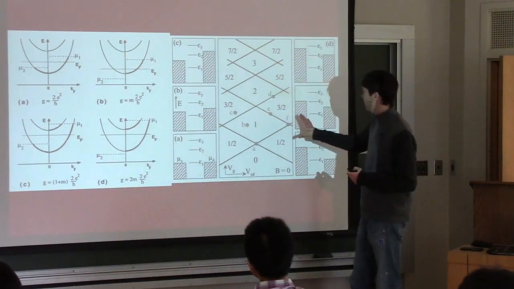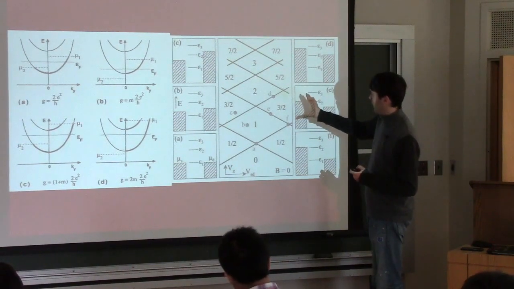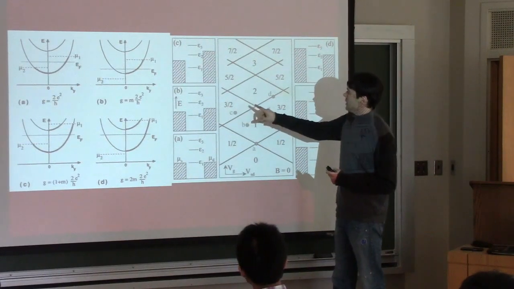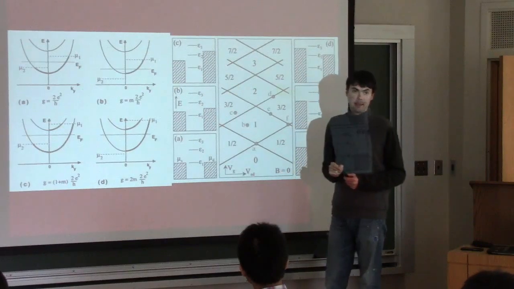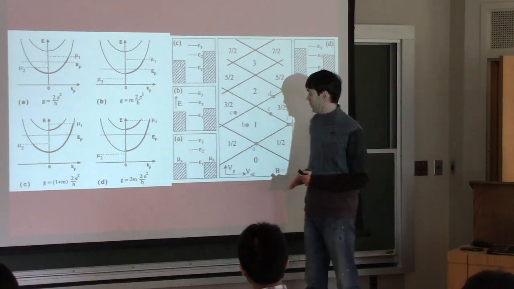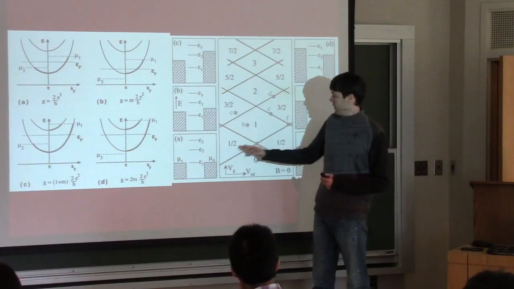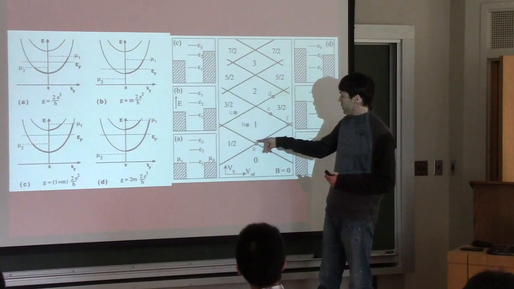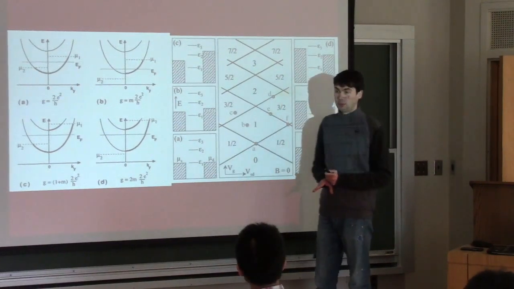Well, here's another diagram from Sarah's thesis, where if you go to these different points, A, B, C, this is how the bottoms of the subbands are aligned with respect to the two chemical potentials. So A is where bias is 0, so source and drain potentials are the same, and we're just aligned with the bottom of the lowest subband that goes through the QPC.